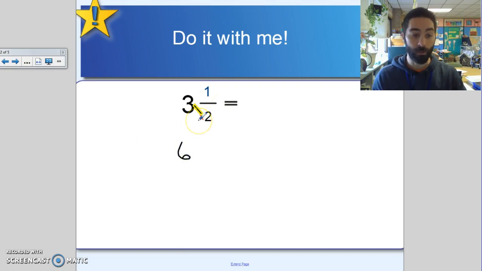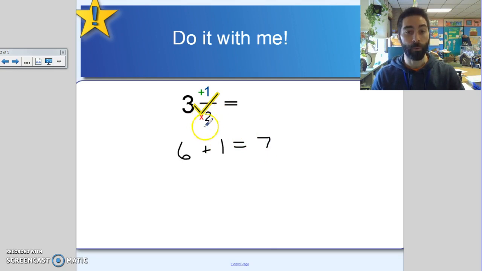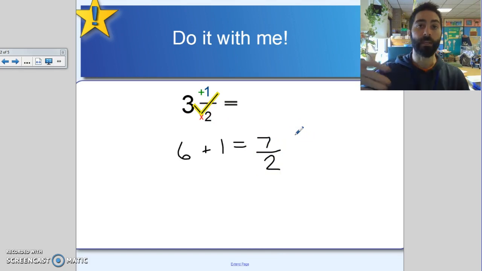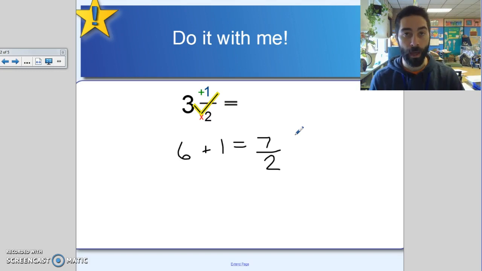And then we do plus 1. So 3 times 2 is 6 plus 1. So now we need to write plus 1, and that gives us a total of 7, and we put that back over the original denominator over 2. So 7/2 is the same thing as the improper fraction for 3 1/2.